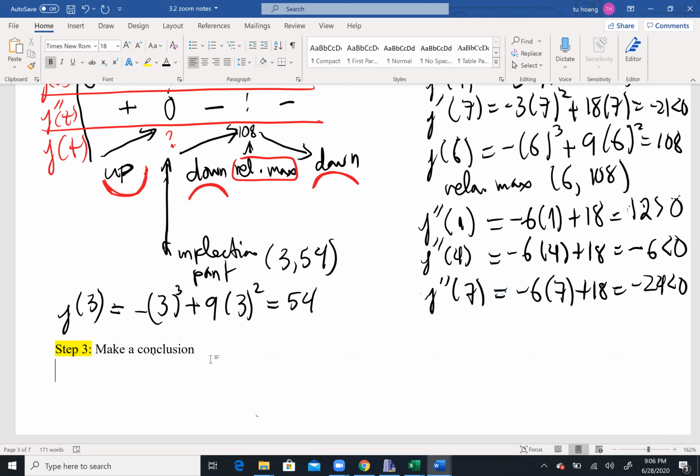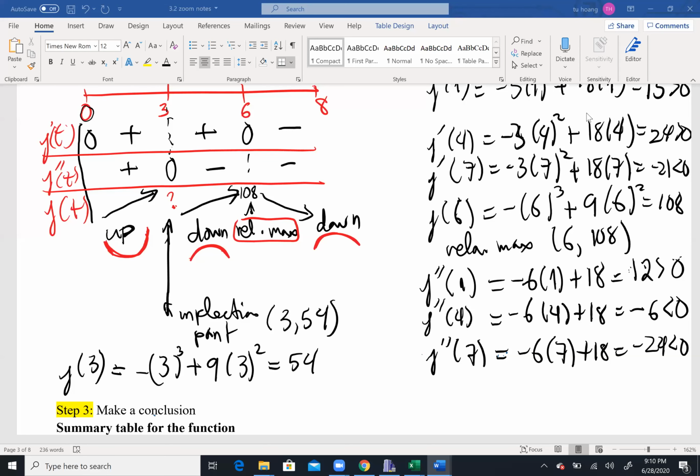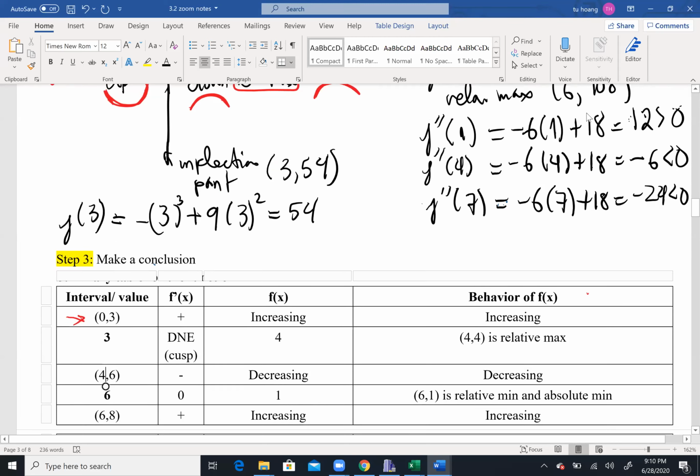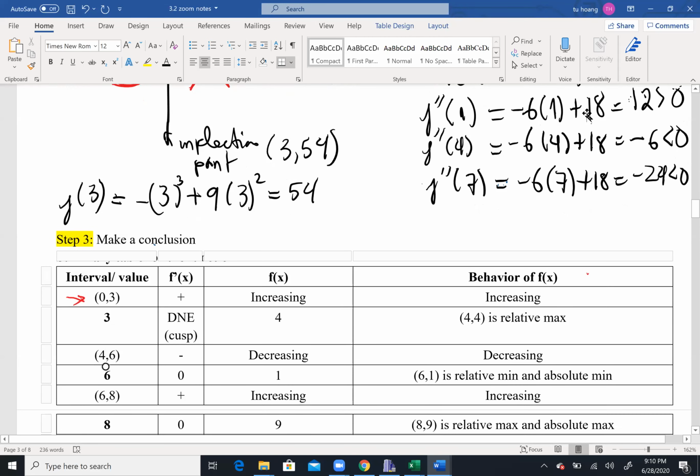I will maybe have to have the table. Okay, so I'm going to copy down a summary table from section 3.1, and now we are talking about interval or the value.